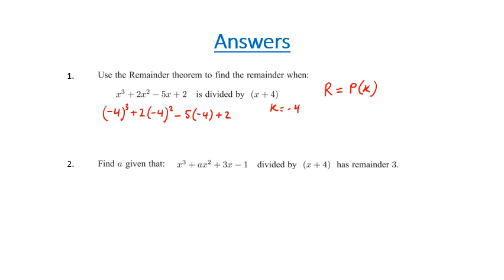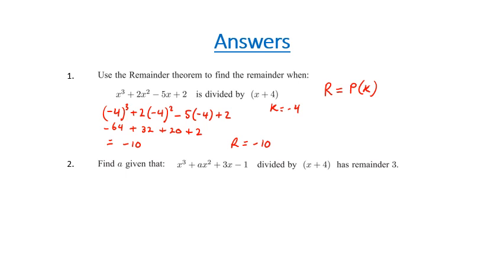Now minus 4 all cubed is minus 64. Then I'm going to add 32. I'm then going to add 20, and I'm going to add 2. Now, if I do all that, I end up with minus 10 as my remainder. So my remainder is equal to minus 10.